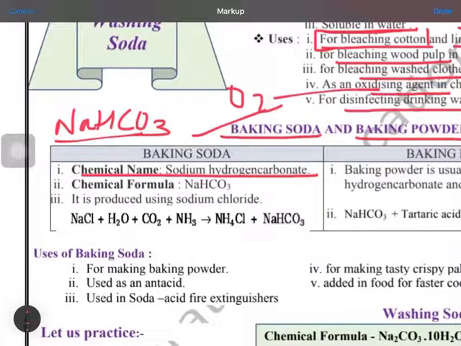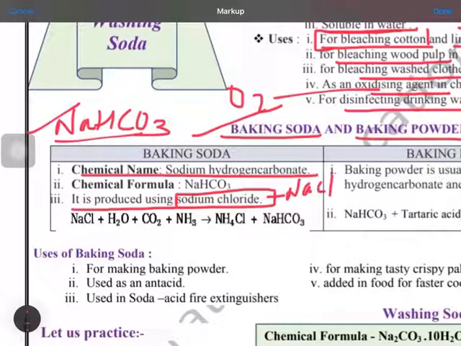Now this baking soda has the formula NaHCO3, and it is produced using sodium chloride, NaCl. We have seen in the last worksheet also that it can be obtained from rock salt, that is sodium chloride, NaCl. How is it obtained? We react sodium chloride with water, carbon dioxide and ammonia.